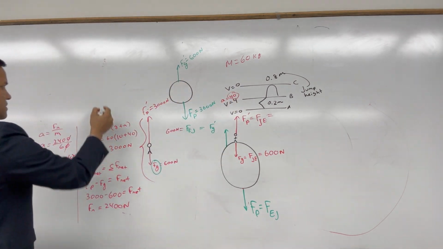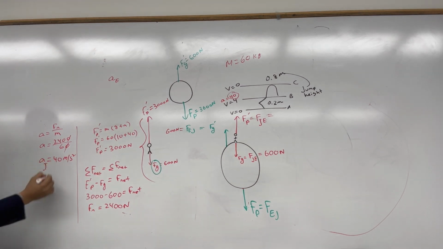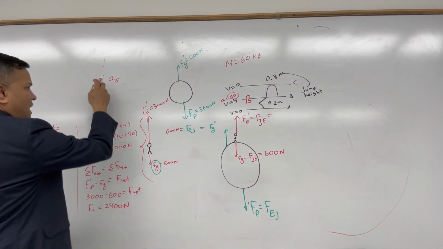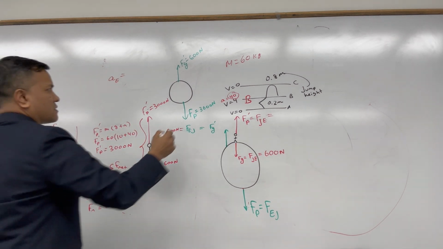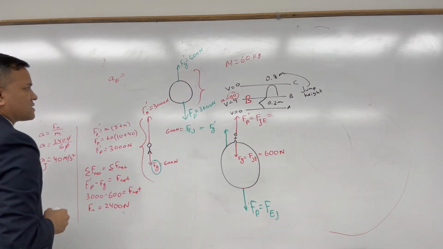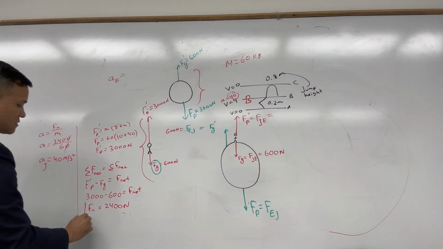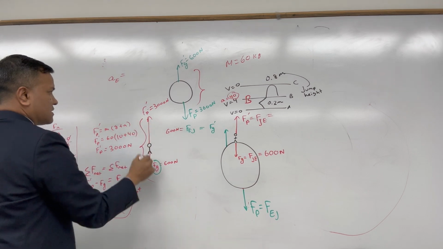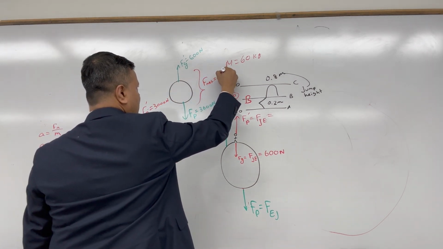But let's find the Earth. This is the acceleration of Josh at location B. Acceleration of the Earth at location B: let's find the net force on the Earth. By Newton's third law, if the net force is 2400 over here, the net force is negative 2400 over there.